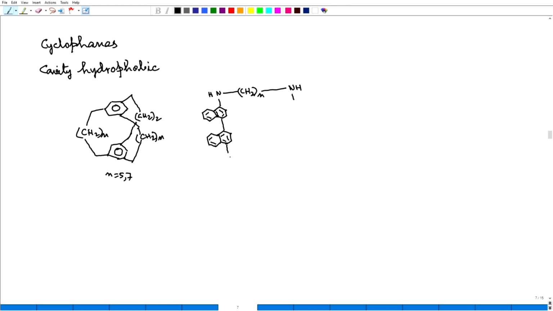We are almost there. NH and I will show you some absolutely rigid structures also. So, these are typical cyclophanes, and as you can see, the cavity is hydrophobic.